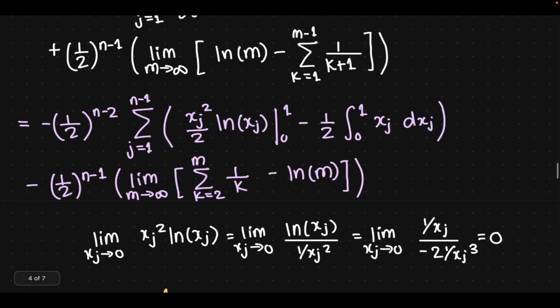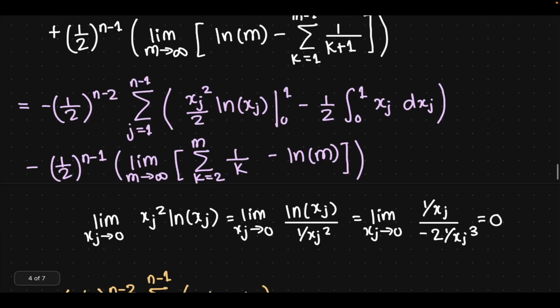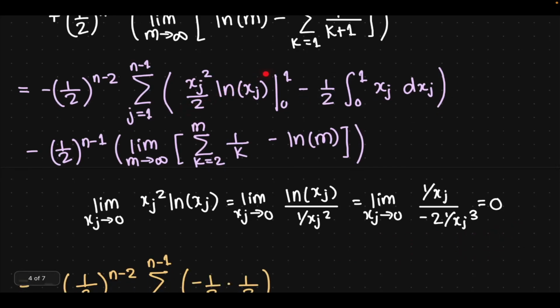Okay, now let's evaluate the first term here. So when we plug in 1, we get 0 because of the natural log, and at 0 we also get 0. I've done that L'Hopital's rule calculation down here. I'm going to skip over that because I'm assuming you know. So that means the first term completely vanishes.